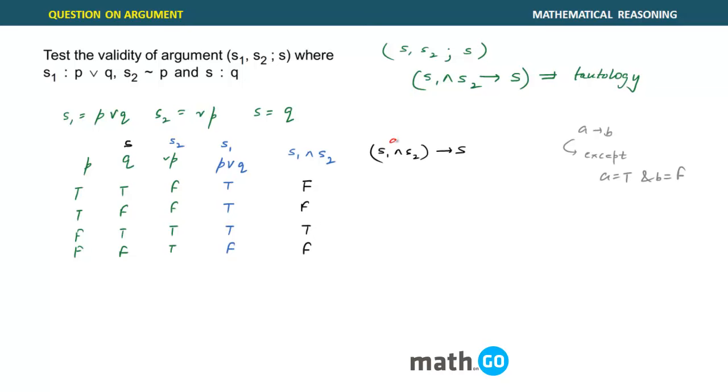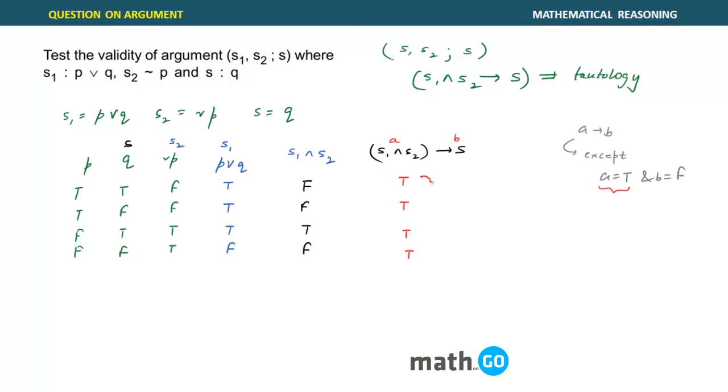Here the role of A is this and this is your B. So A is true, and what is the value you are getting for B? It is true, so it is true. Whenever A is false, you need not check, you just simply put T. You just need to check when A is true what the value of B is. If B is true, it is true, but if B is false, then it is false.